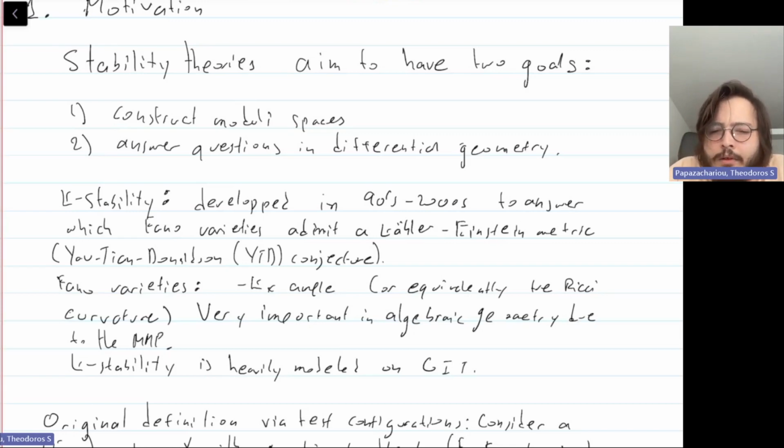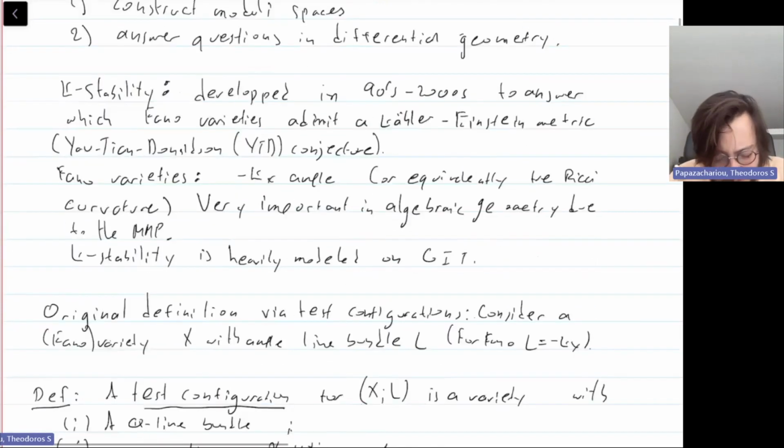And Fano varieties, if you don't really know what they are, just a very small introduction: they're varieties that have an ample anti-canonical line bundle. So this line bundle has to be ample. If you think of things from the differential complex geometric side, they have positive Ricci curvature. So if you want an idea of how to think of them, you can think of them as higher dimensional analogs of the sphere.